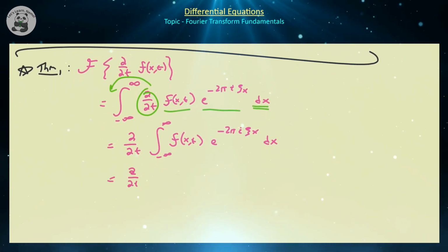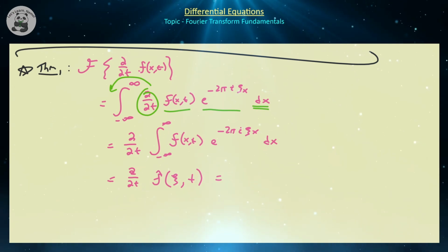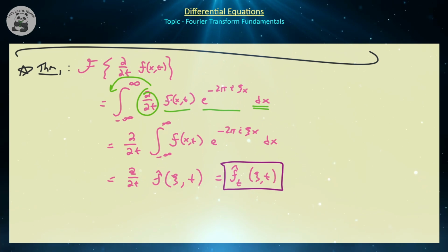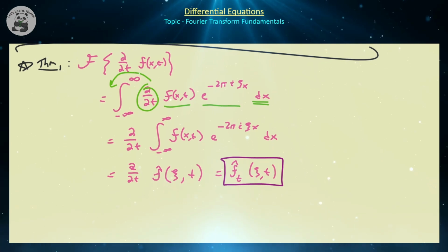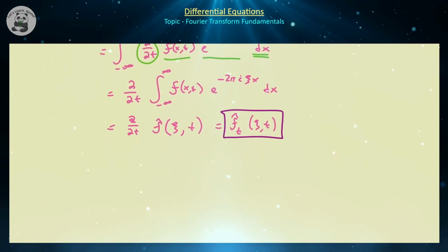So we have the partial in t of the Fourier transform. Our variables are psi and t, so we can denote this as f hat of psi, t. That's the Fourier transform of the partial derivative with respect to time. Practically, we just differentiate the Fourier transform with respect to time and you get the same result.